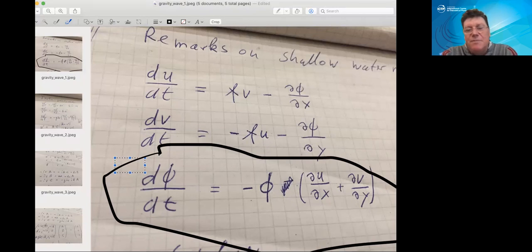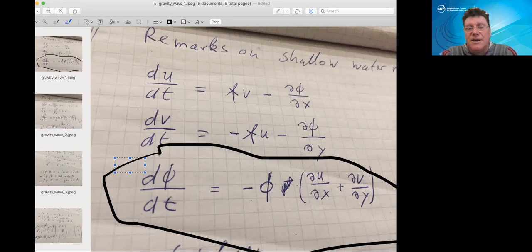You can derive this by integrating vertically the condition that the three-dimensional divergence is 0. You can write this as dw by dz is equal to minus the horizontal divergence.